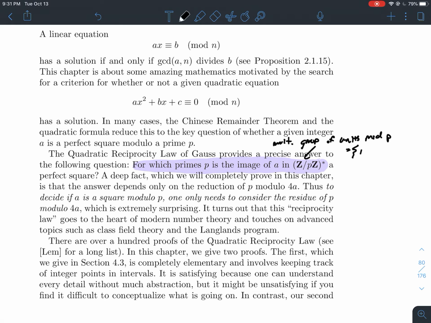It's the set 1, 2, 3 up to p minus 1, where it makes sense to multiply elements in the set, and you get another element of that set after you reduce mod p. So for what primes p is the image of a in this set a perfect square? That is a big question, and that's what Gauss's reciprocity law aims to help us answer.